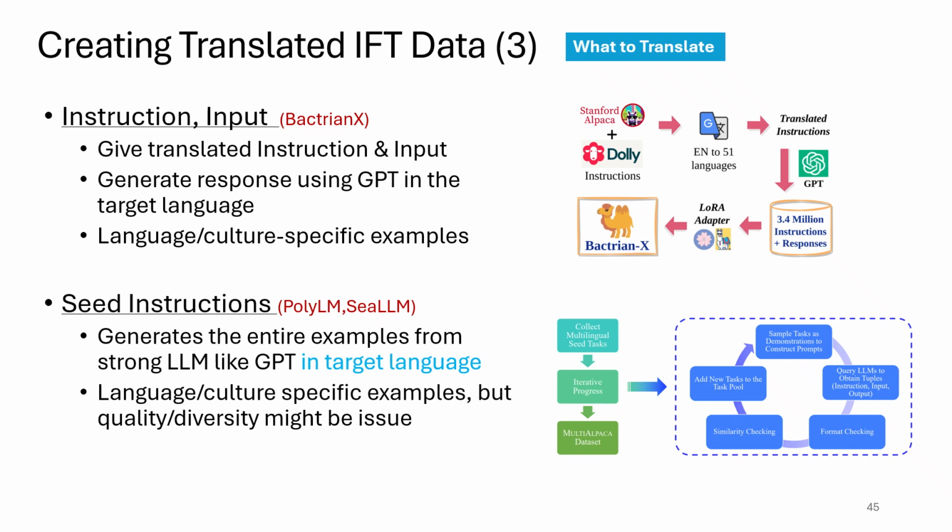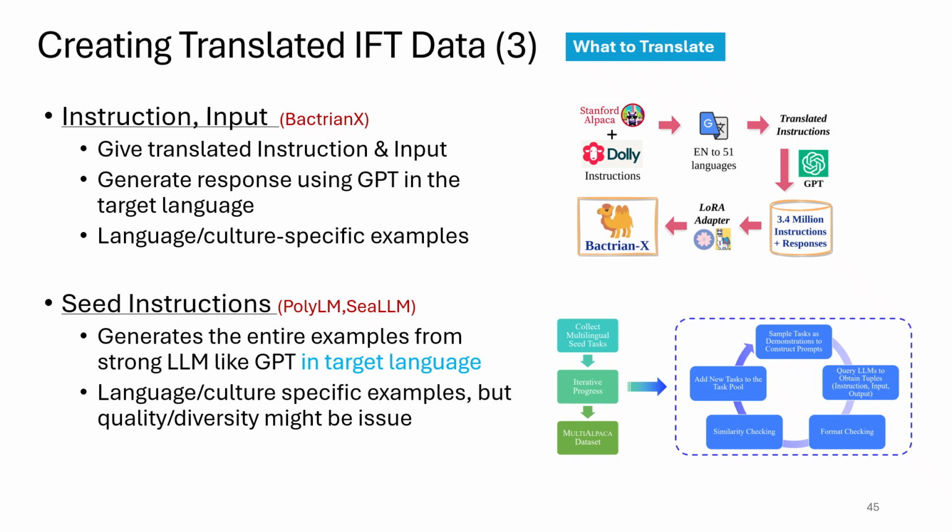Another approach that is typically used is to translate only the instruction and the input, and then use a language model to essentially generate the response. The reason to do that is maybe the language model has better, larger context to work with, and maybe the language model, GPT, etc., might have some culture specific understanding to generate culture specific responses.